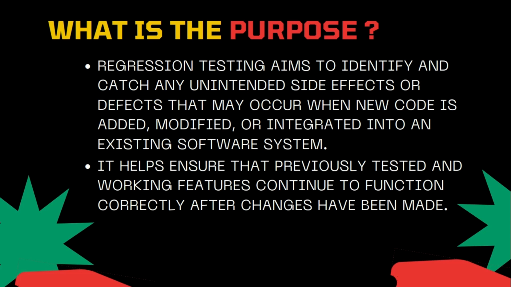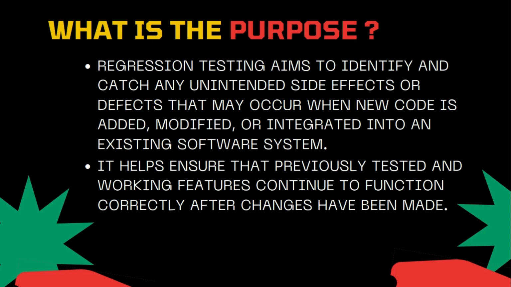So the previous working system should work, as well as the new functionality or feature integrated in the system. It also helps to ensure that previously tested and working features continue to function correctly after the changes are made. So these two are the main purposes of doing regression testing.